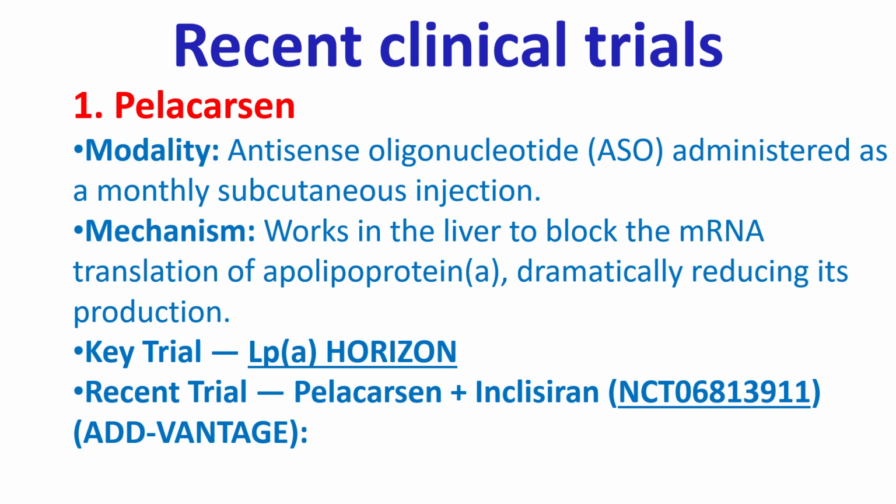Lp(a) HORIZON is the first and most advanced cardiovascular outcomes trial in this therapeutic class. The trial completed enrollment of over 8,300 patients with established cardiovascular disease and elevated LPA. Based on the current event accrual trend, the overall study duration is anticipated to be approximately 6 years.